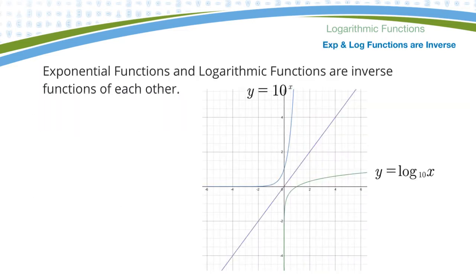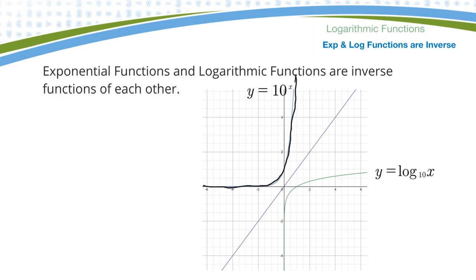Now, logarithms are actually an inverse function of exponential function. So here the blue line, this one right here that I'm making black, is an exponential function. And most exponential functions have that same shape. Well, logarithmic ones are inverses of that.